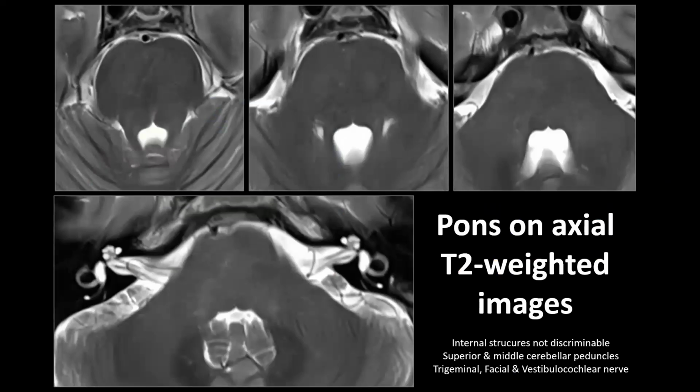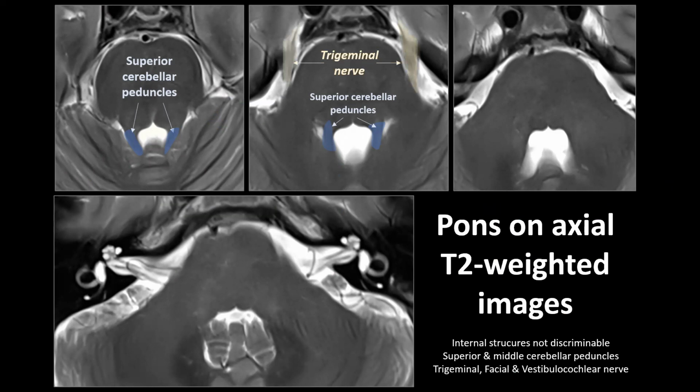So what can we recognize on axial T2 weighted images or axial T1 weighted images? Well, clearly the superior cerebellar peduncles are very easy to detect and recognize. Also the trigeminal nerve, which exits the pons at about halfway.